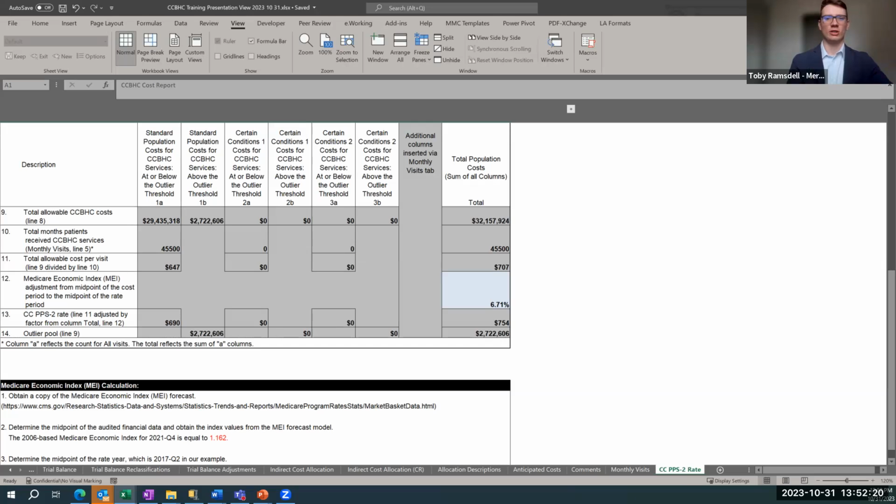We have another question about, can you describe how the outlier pool will be allocated? So each CCBHC's outlier pool goes into a state outlier pool, which will be paid out to CCBHCs at a later date. Some states have chosen to reimburse a portion of the outlier pool for claims above the outlier threshold.